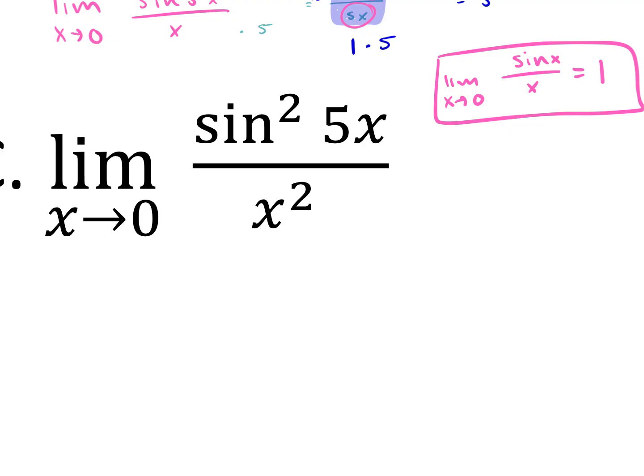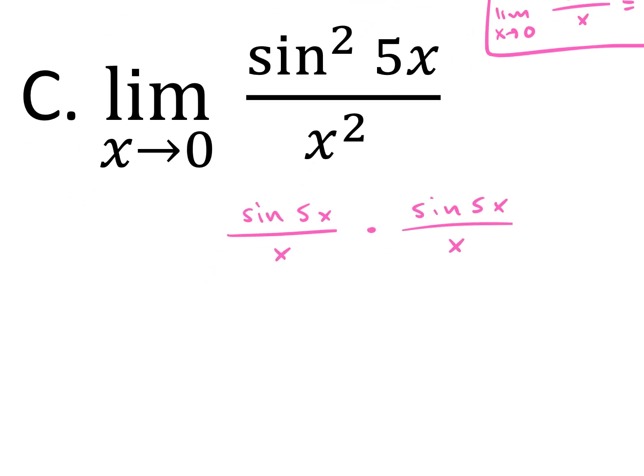So because they're both squared, I could actually split them up. I could say the sine of 5x over x times the sine of 5x over x. If I were to multiply these together, it would give me sine squared of 5x over x squared. We're still taking the limit of both of these.